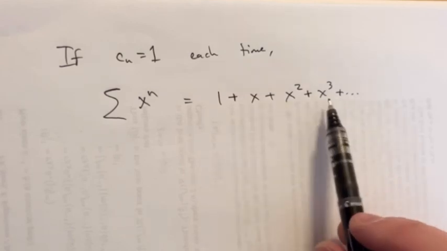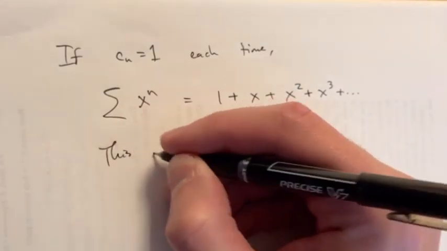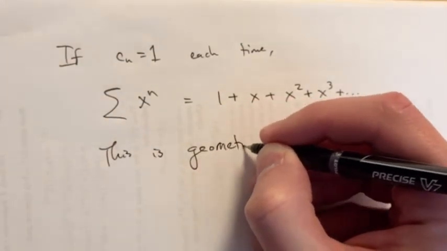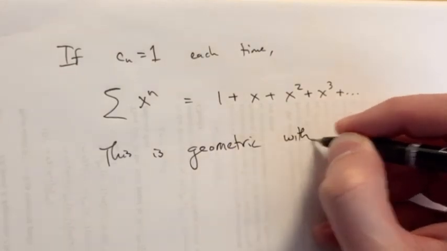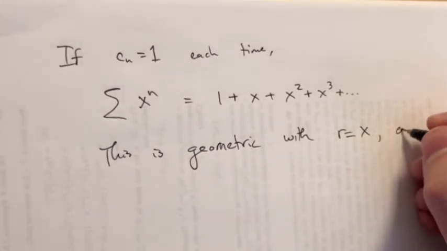Or x cubed divided by x squared, the answer is x. Okay, so this actually is a geometric series with r equals x, right? Each term divided by the previous one is x. And also the a is just the first term of the series, which in this case is 1, right?